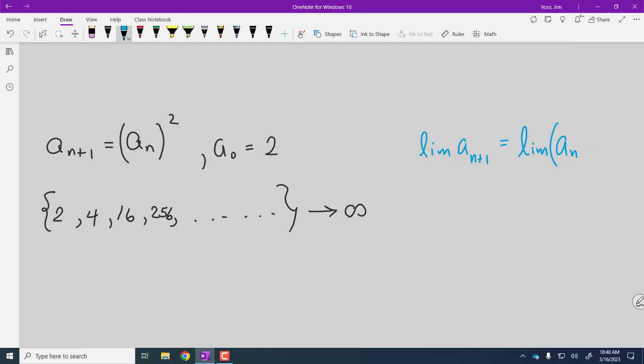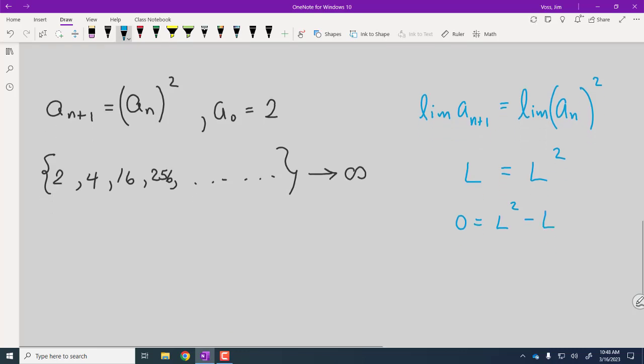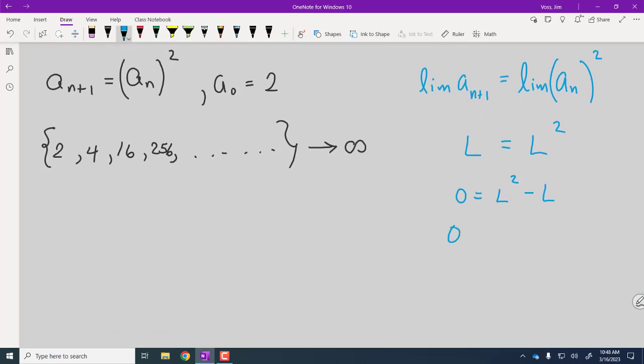So if we take the limit of both sides, we're going to get L equals L squared. If we subtract, we get L squared minus L, and we factor: L times L minus 1.